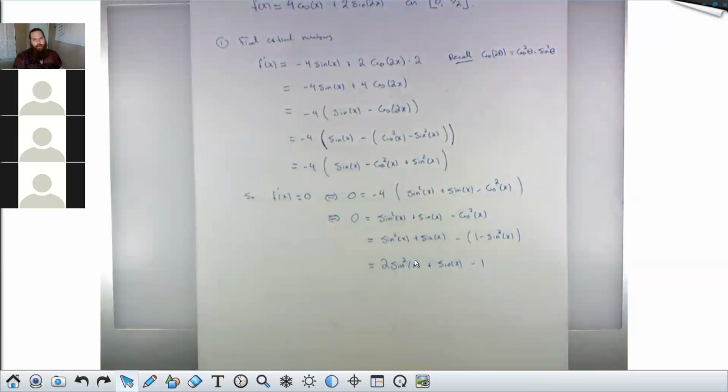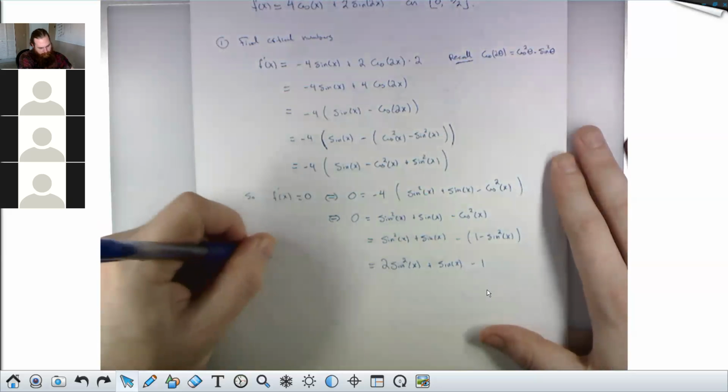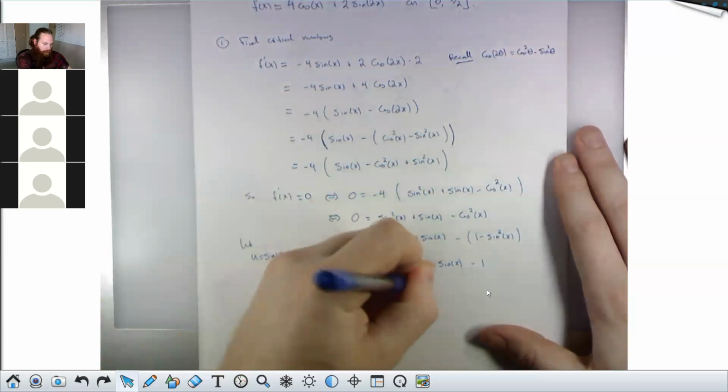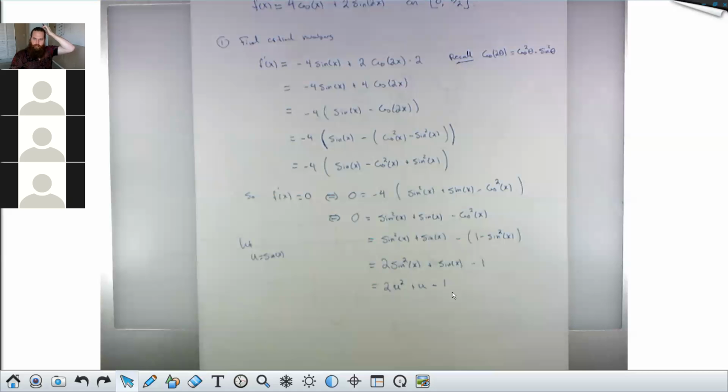And the idea here is that if you had, instead of sine x, just u, then this would be like 2u squared plus u minus 1. This can be a useful trick for helping you factor. So if I want to factor this using the AC method, I take this number and this number. That product is negative 2. So I need to find two numbers that multiply to negative 2 and add up to positive 1. Those are going to be positive 2 and negative 1.